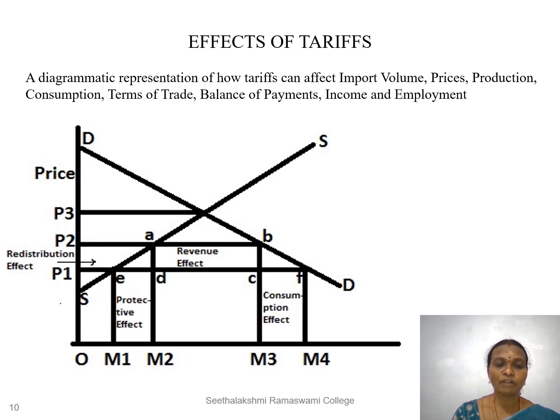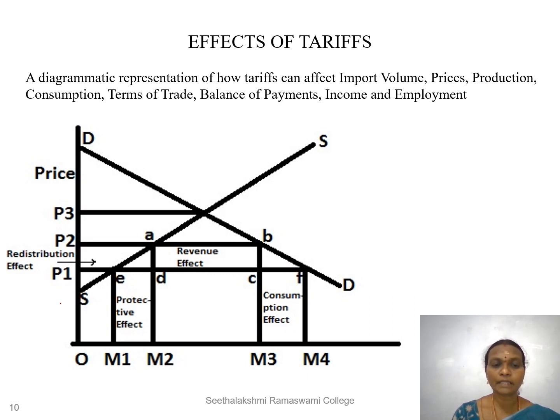At this OP1 price, they were able to earn a profit of P1ES, this small triangle area. After the imposition of tariff, the price has been increased from OP1 to OP2 and they are also able to increase the production from OM1 to OM2.